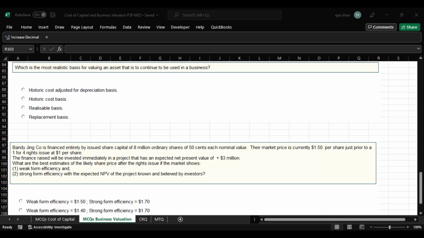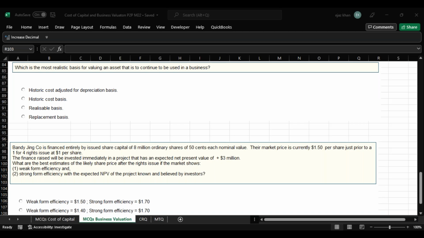Semi-strong form of efficiency is when the stock market not only reflects the historic information, but also reflects publicly available information. Like in this case, as I just told you, if company A has decided and announced that it is going to acquire company B, and if that information is favorable, the moment this information is made public, even if the company hasn't been acquired yet, the investors will respond, the demand for the shares will increase, and the price will go up immediately.